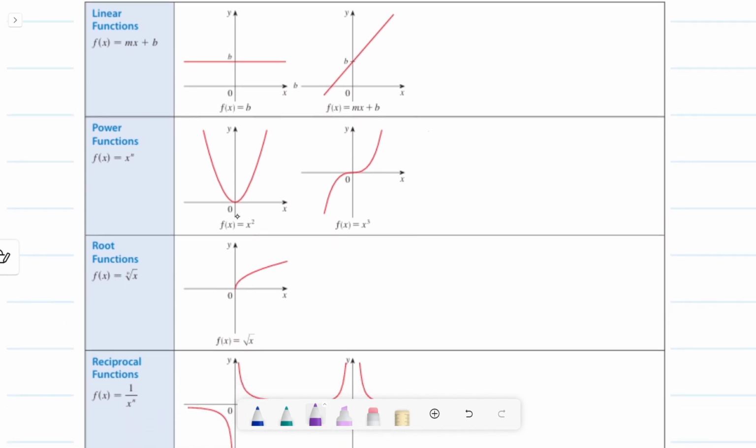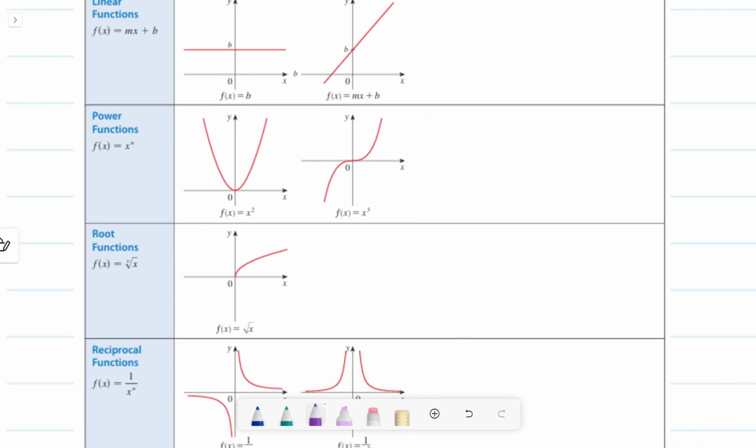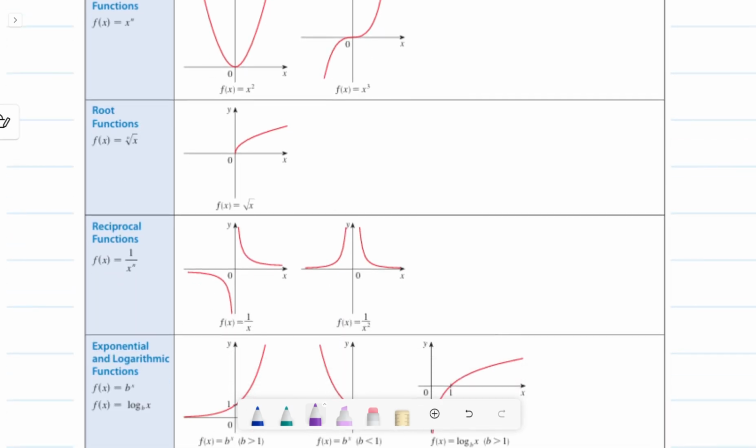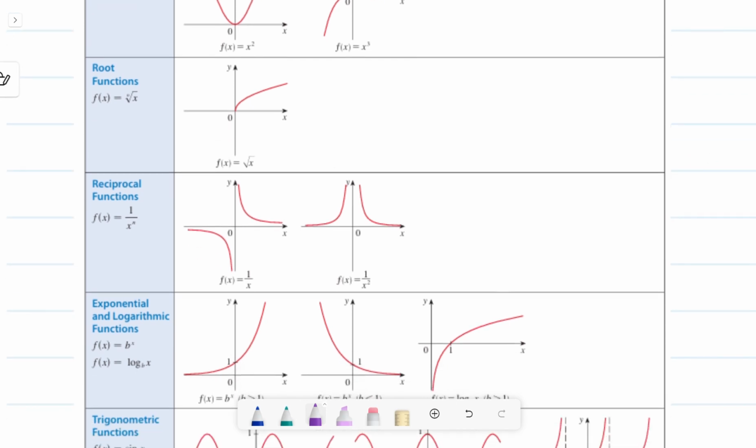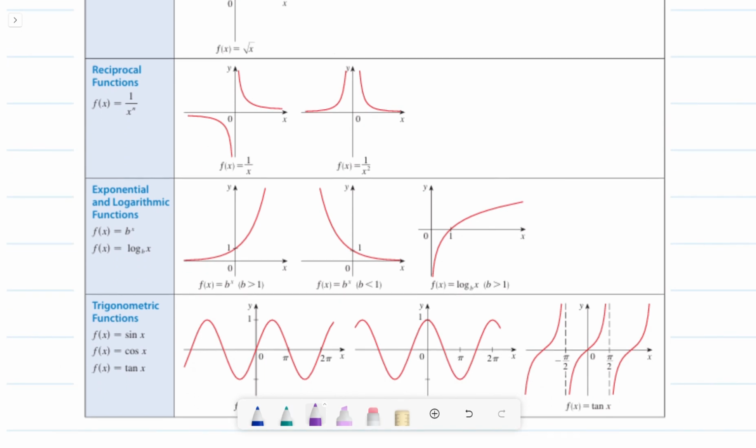And then we have the quadratic, f of x equals x cubed, root functions like square root of x, 1 over x squared, and b to the x.